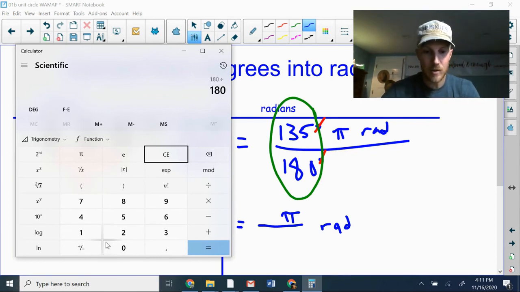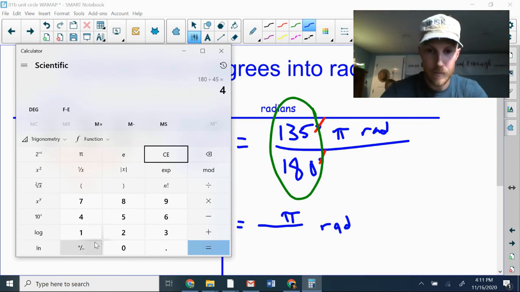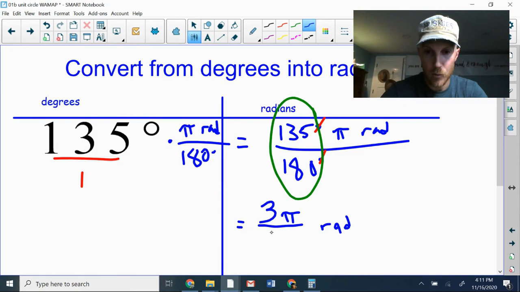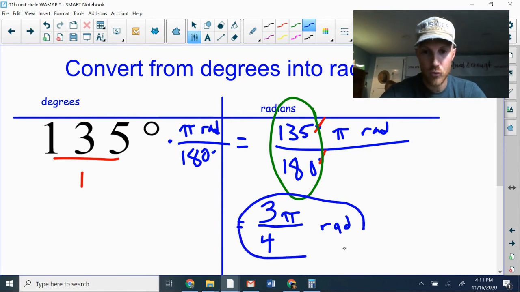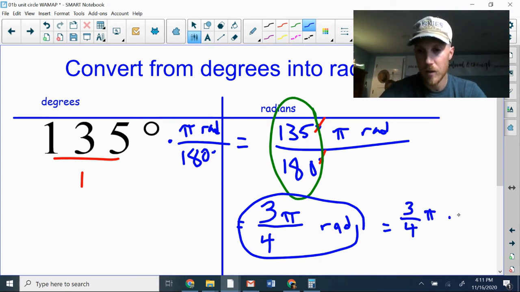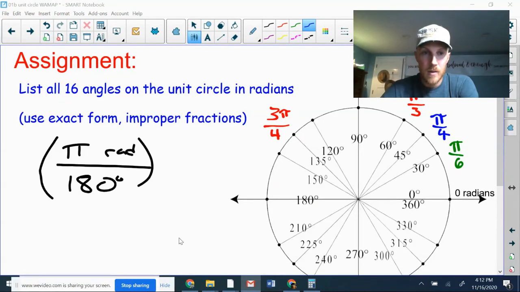And 180 divided by 45, that's 4. 3 pi over 4 radians. Or if you prefer, 3/4 pi radians. Either way, both mean the same thing.